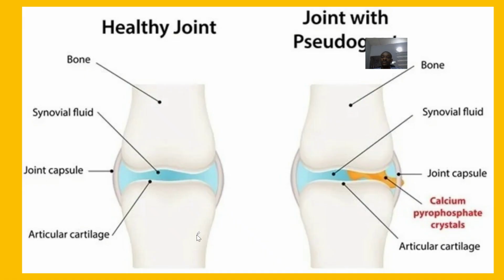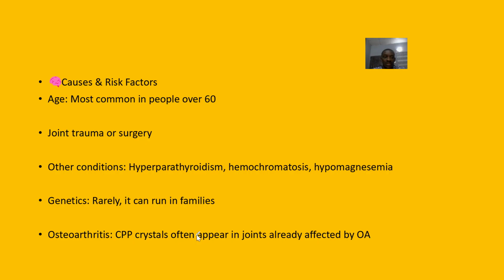Okay, so pseudogout causes and risk factors, that's what could make you more likely to have this. It occurs in people over 60 years, if you have joint trauma, that's direct injuries to the joint, or maybe you've had surgeries in the joint, as a side effect of the surgery.